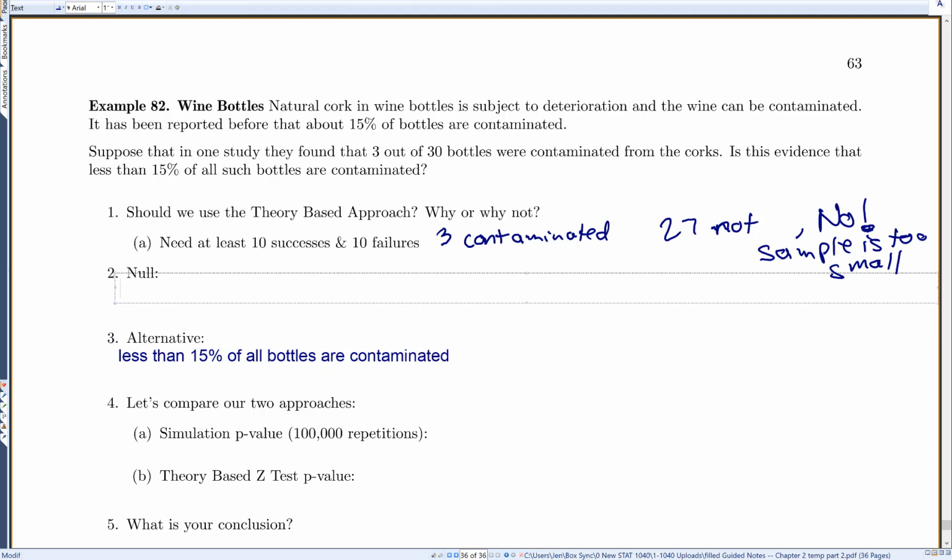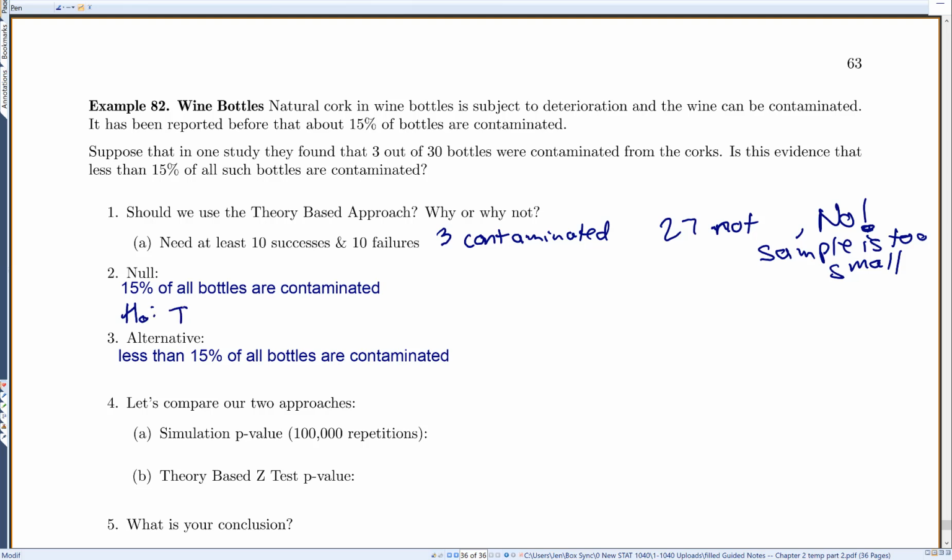So it would be 15% of all bottles are contaminated. Let's put these in symbols. So my null with the 0 on it is that my pi equals 0.15. It always has to be an equals for your null. The alternative with an A is going to be that pi is less than 0.15 because I want to show that it's less than.